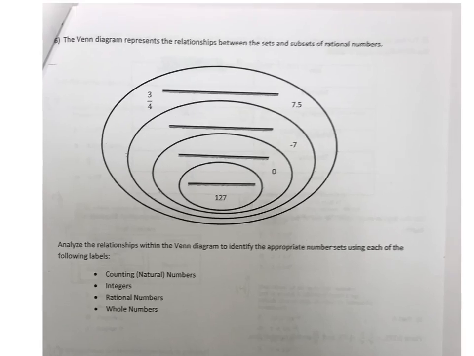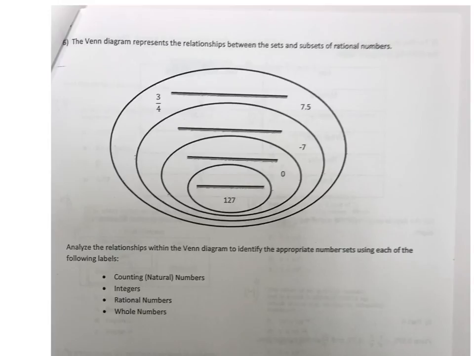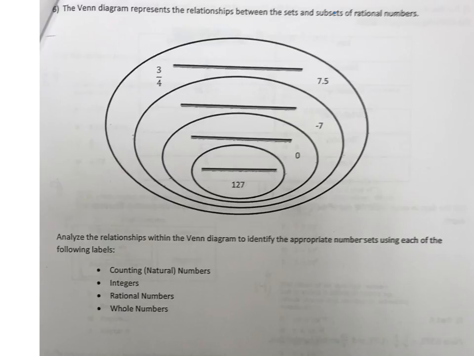Okay, number 6. The Venn diagram represents the relationship between the sets and subsets of rational numbers. Analyze the relationship with the Venn diagram to identify the appropriate number sets using each of the following tables. Okay, so we know our big overall set, we talked about rational and irrational, but in one big group it was rational.